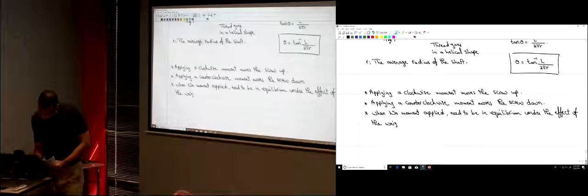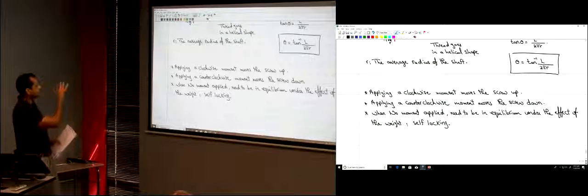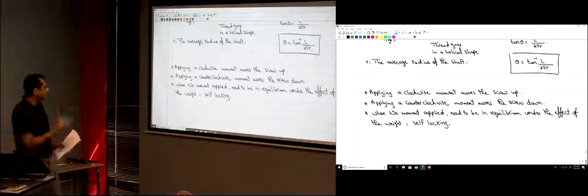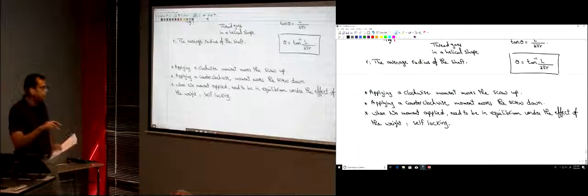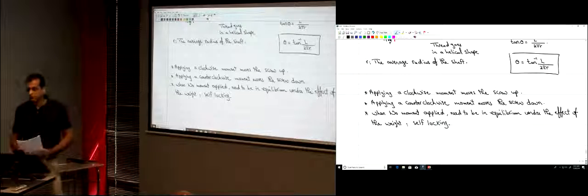In this case, we call it self-locking. So what we're going to study here is the first two cases: when you apply clockwise rotation to move the screw up, or a counterclockwise moment to move the screw down.